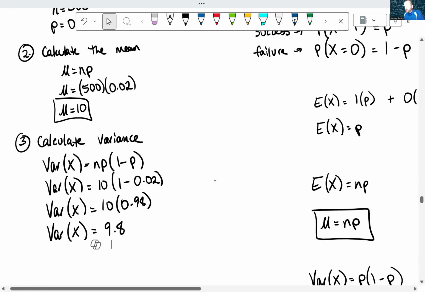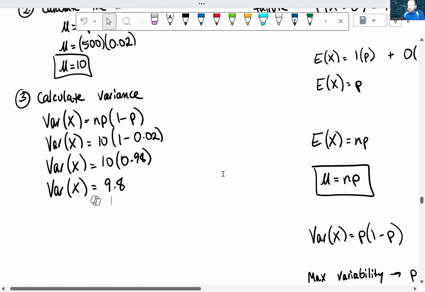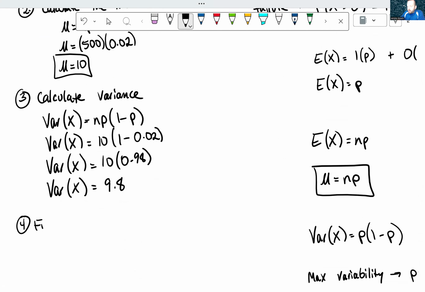Let's take a look at our question now. It wants us to find the standard deviation. So the last thing we're going to do is take the square root of both sides. So I'll say find standard deviation for step 4. We know that the variance is equal to 9.8, and we're just going to take the square root of both sides to find the standard deviation.